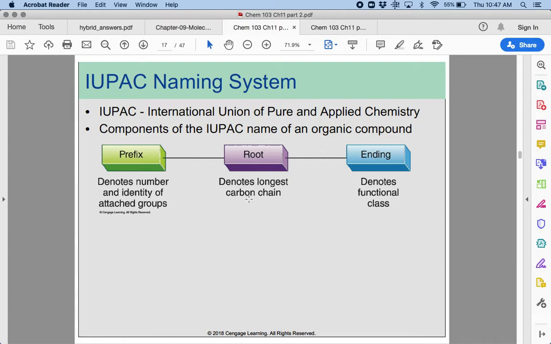Even if it's a branched compound with 5 carbons in it, but you can only touch 4 of them without lifting your finger, the longest chain of carbons in there is 4. And lastly, the ending denotes which functional group it is. Right now we've only talked about alkanes, so the ending of all alkanes will be the same.